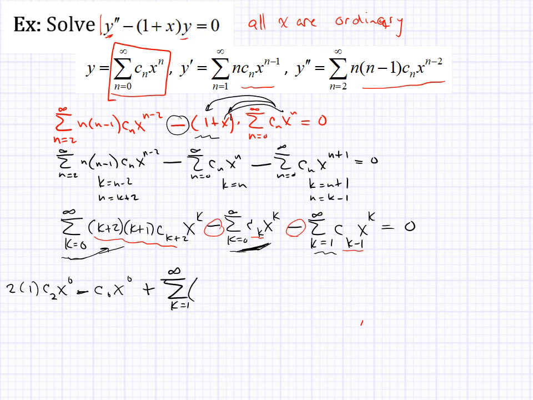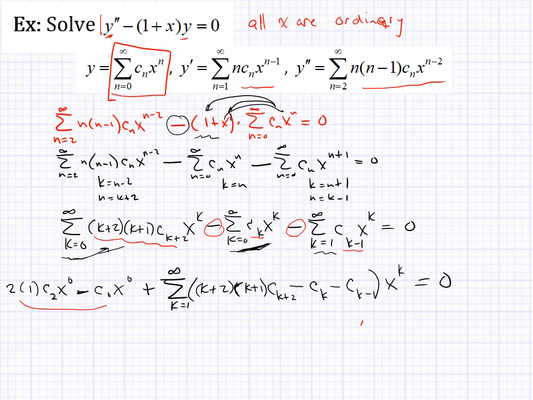So we'll have k plus 2 times k plus 1, c sub k plus 2 minus c sub k minus c sub k minus 1, x to the k equals 0.